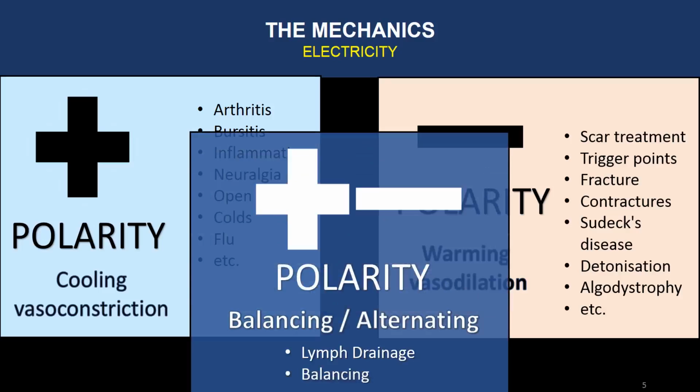Then you have alternating current, a balance of positive and negative polarities, and this is used for lymphatic drainage and balancing. In other words, polarity is used to regulate hyper- and hypometabolic situations back to normal.